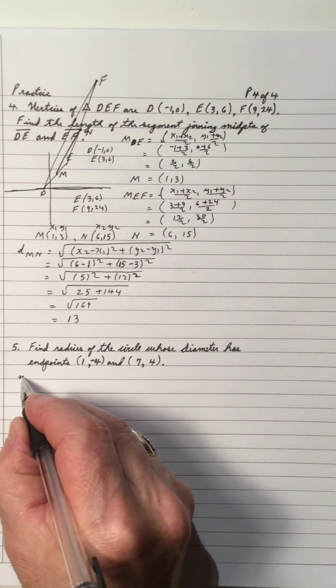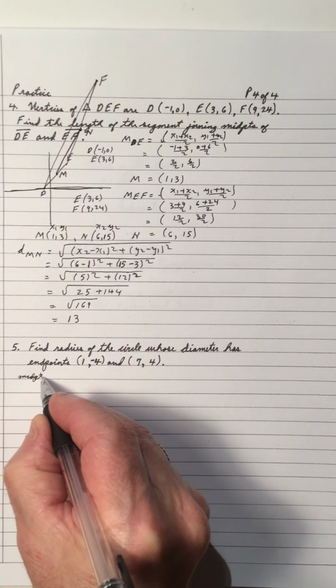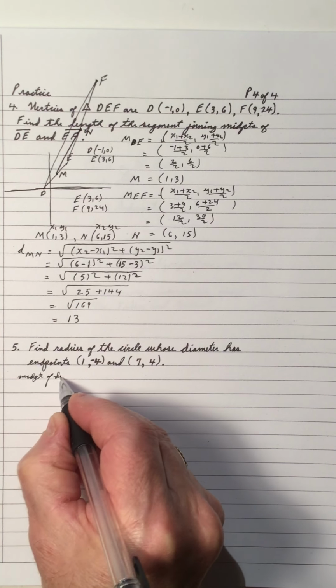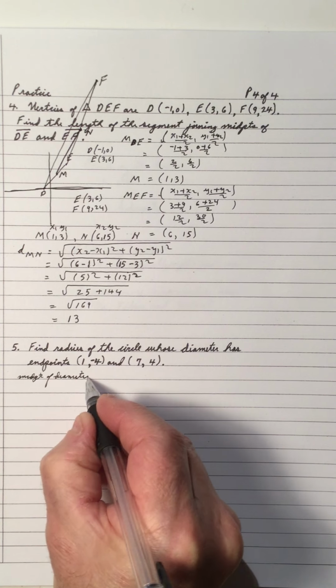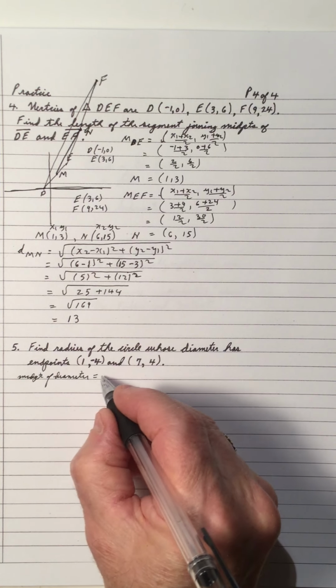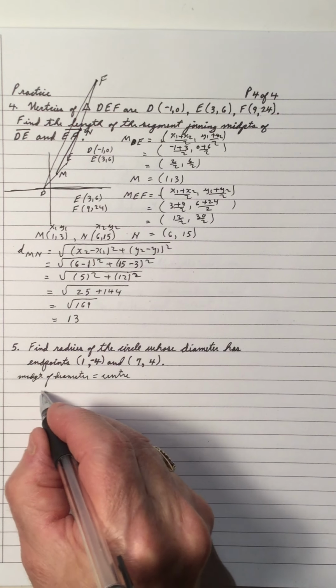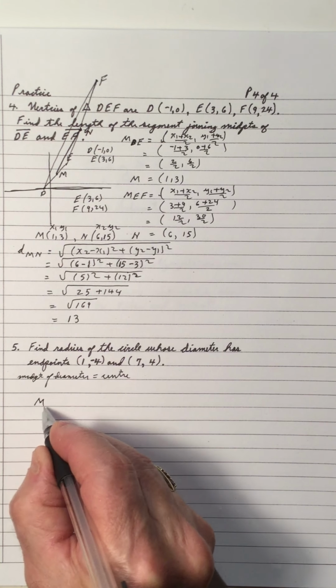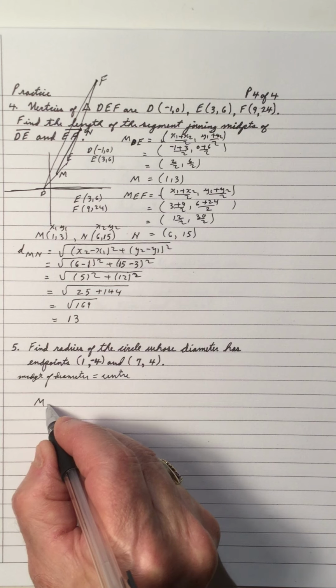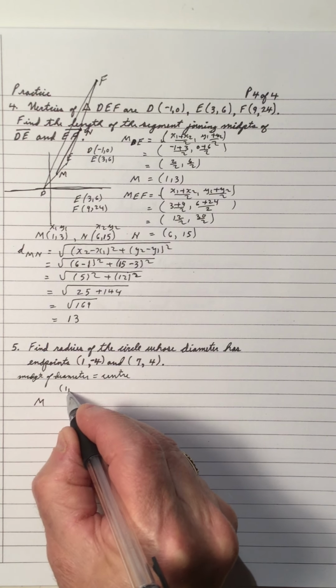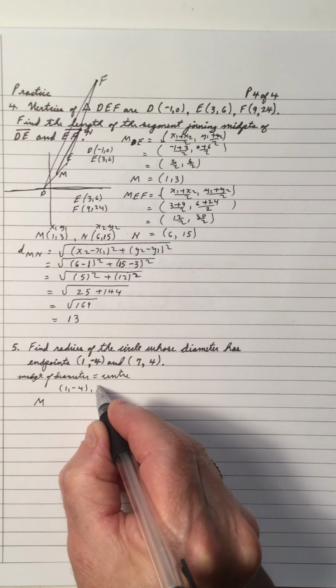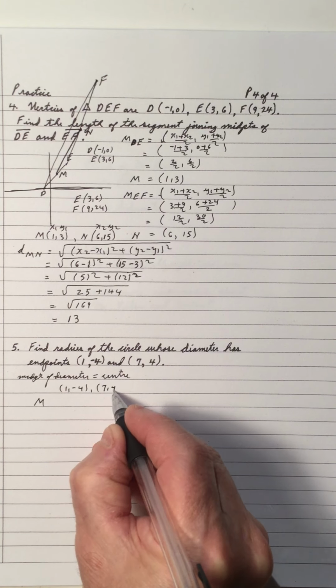The midpoint of the diameter is the center of the circle. We have (1, -4) and (7, 4).